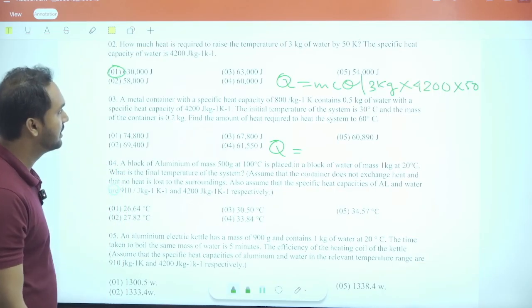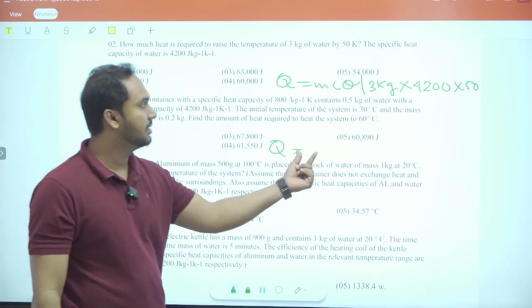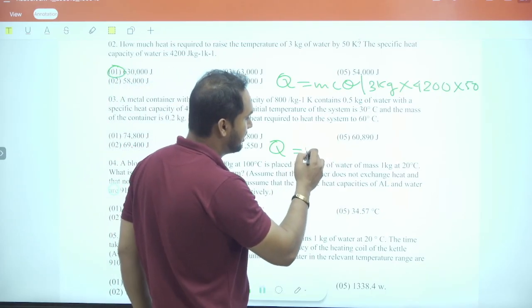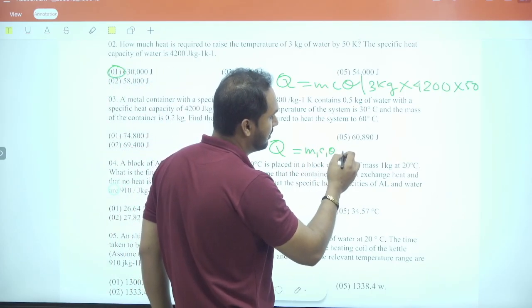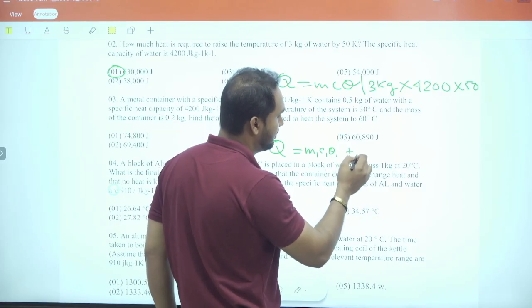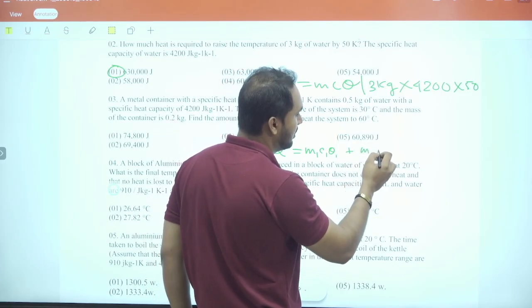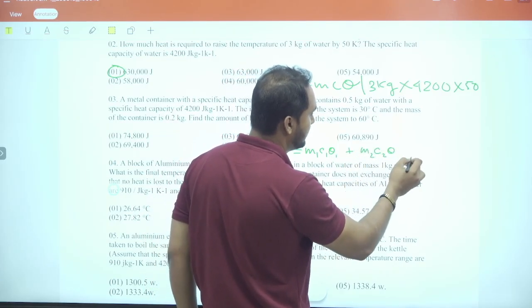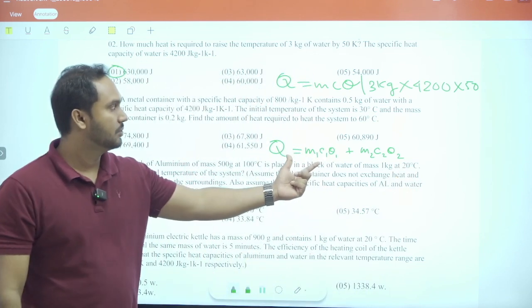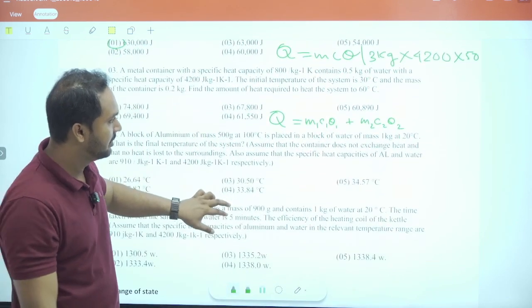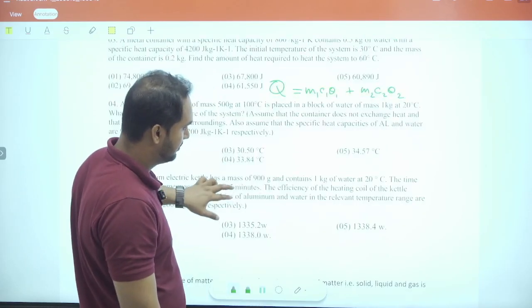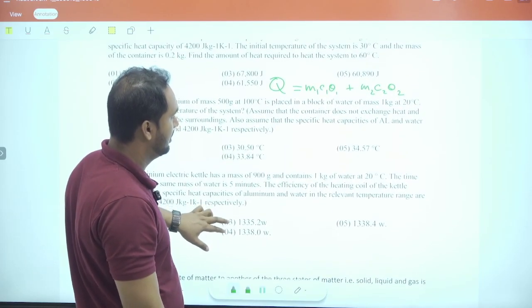So I'm going to write it this way: m1 c1 theta 1 plus m2 c2 theta 2, which are the heat absorbed by the water and the container. So I'm going to apply it down here.